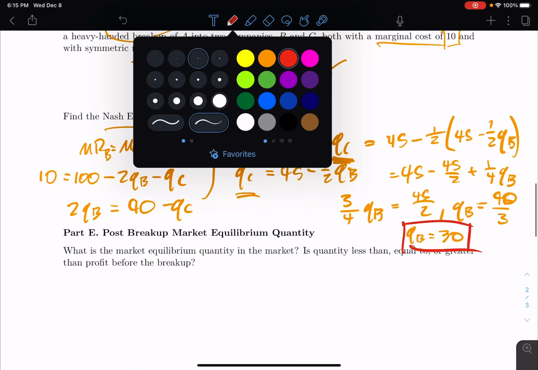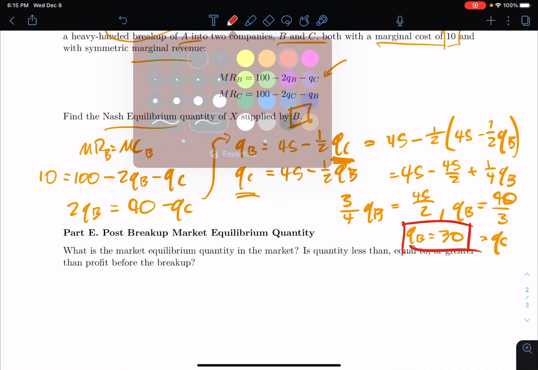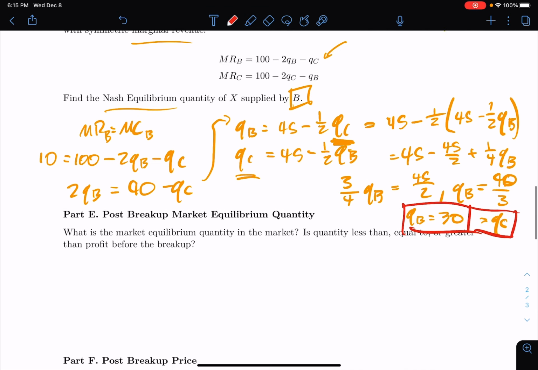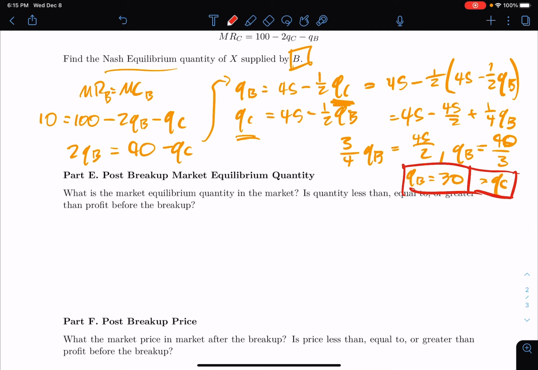And because we know this is symmetric, we also know this is QC, even though we're not explicitly asked for it. Okay, so the post-breakup market equilibrium quantity is just the sum of the two quantities.